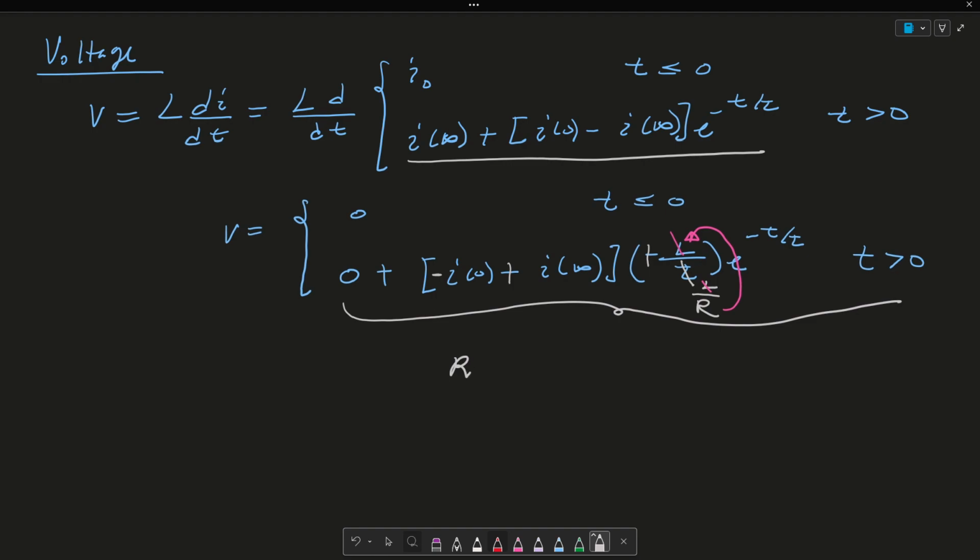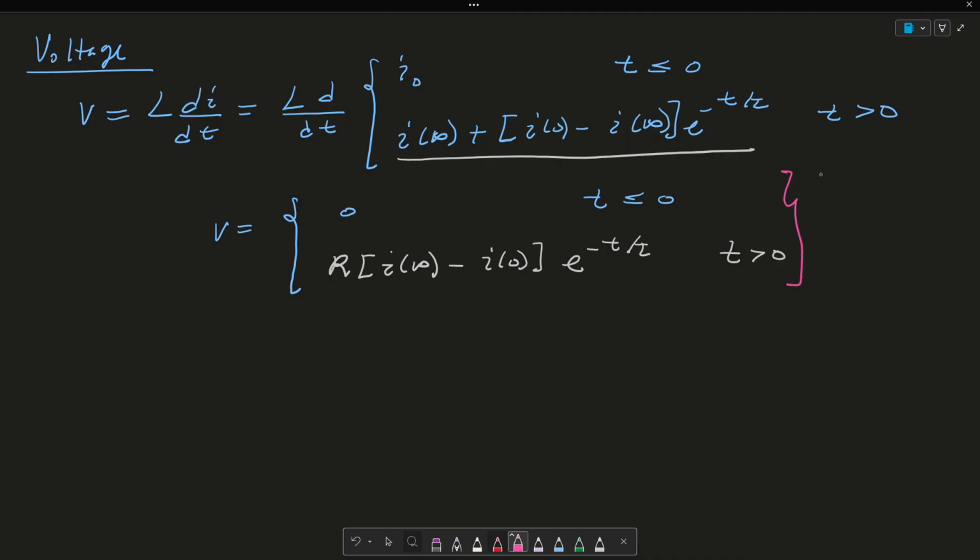This becomes R times I of infinity minus I of 0 times e to the minus t over tau for t greater than 0. So let me move this up here. And so this becomes what's known as my general complete voltage response of an RL circuit.